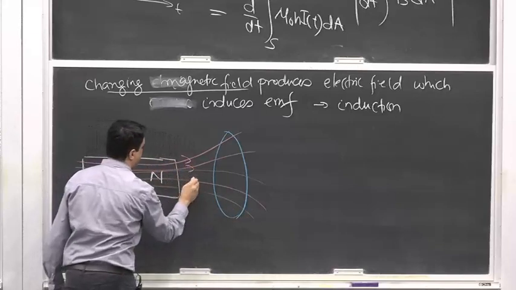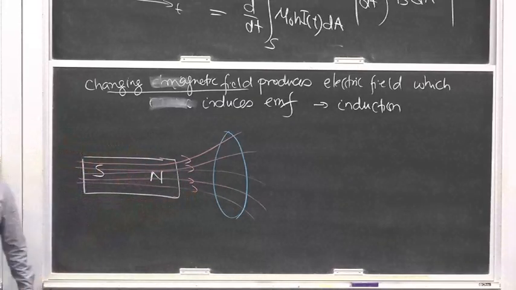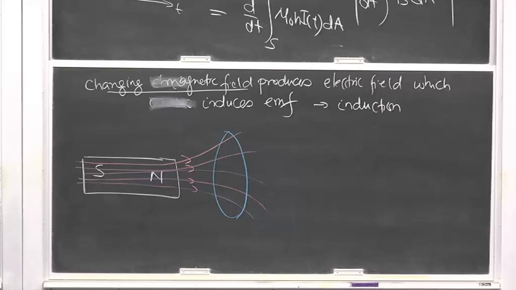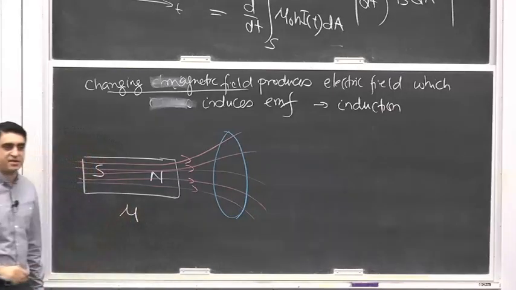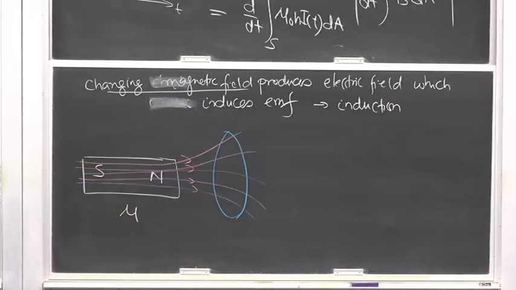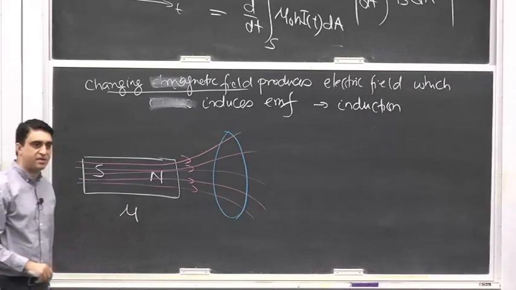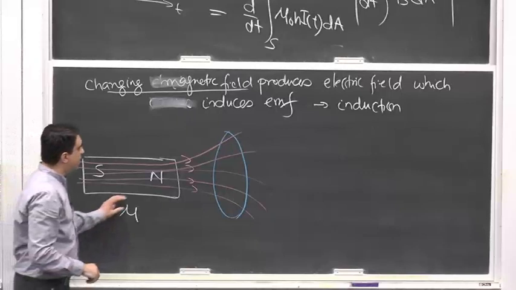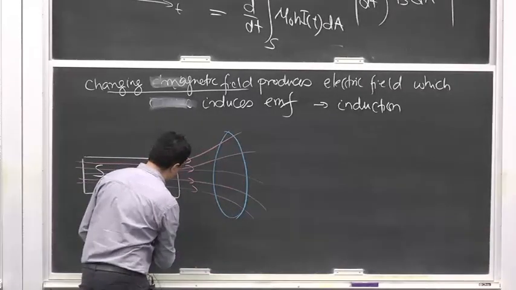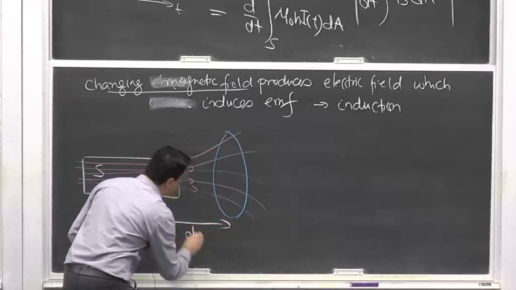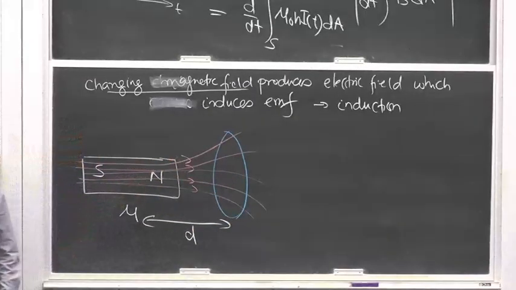So this would be the magnetic field of such a bar magnet. So you have a certain magnetic moment of the bar magnet, and we know how to find the magnetic moment of a bar magnet experimentally. It's not easy to find it theoretically, but you can find it experimentally. If you know the magnetic moment, you can find the magnetic field at a certain distance d along the axis of the dipole.